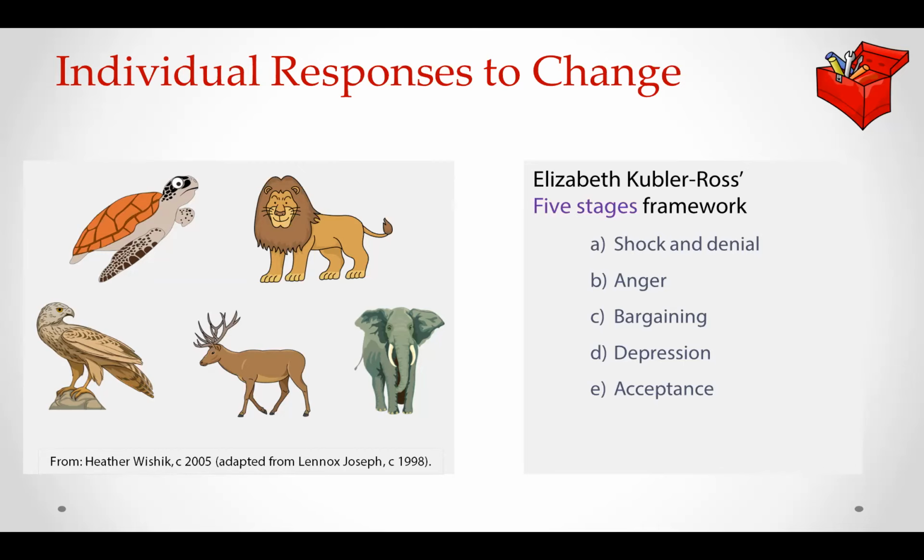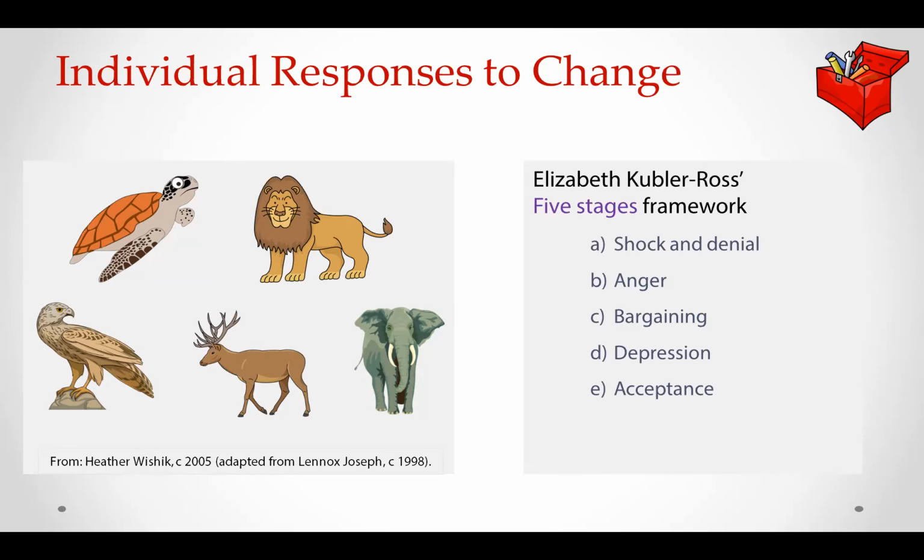There are no set time intervals between each of these stages. People can go from shock and denial to acceptance fairly quickly, depending on how well they're able to cope with what is going on. Or some people can get stuck at any one of those stages and never be able to move forward, right? So we talked about this last week.